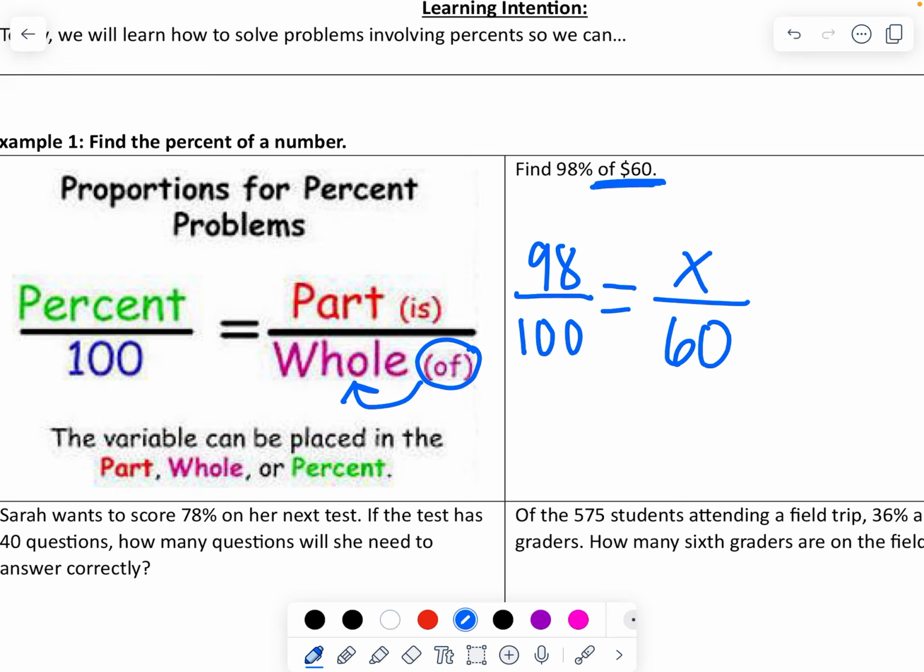Now we're going to solve this using the butterfly method. So we're going to bring it back to our equations that we learned how to solve. So our butterfly method, you're going to see me do this a lot, like this. Usually you circle, I like to highlight. So you always multiply what's diagonal from each other.